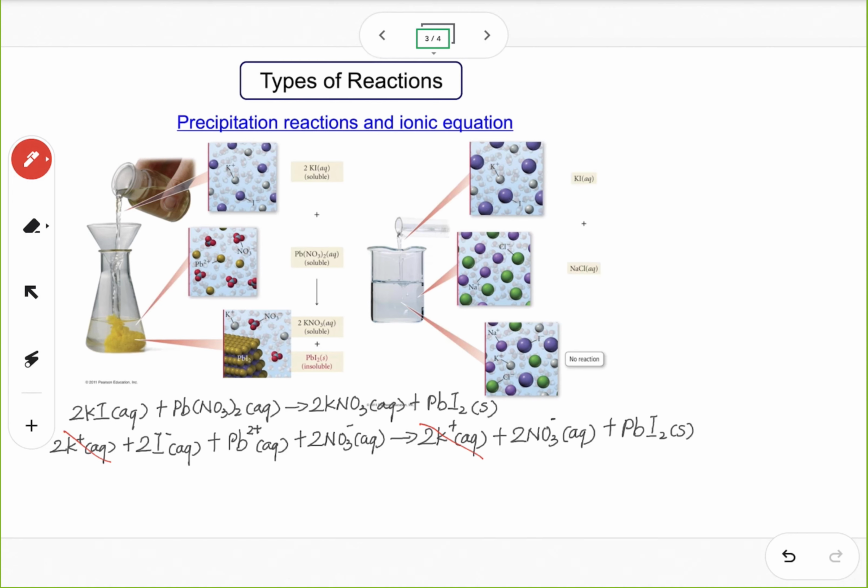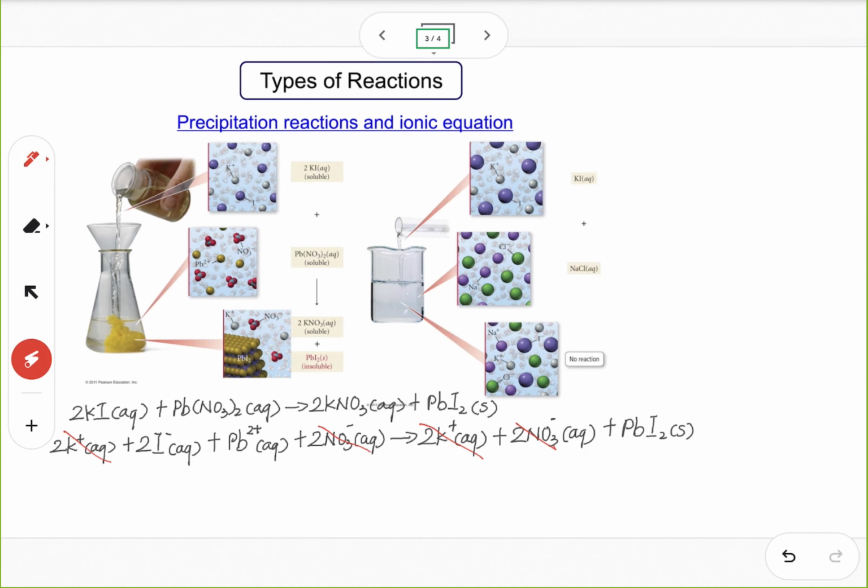Another thing that we can cancel is the nitrate. You have 2 nitrates on the reactant side and 2 nitrates on the product side. So again, these 2 will be canceled. If you check the other species, you cannot cancel any items anymore.